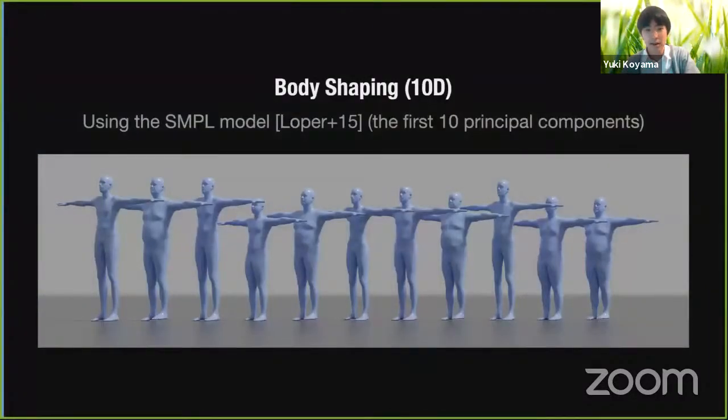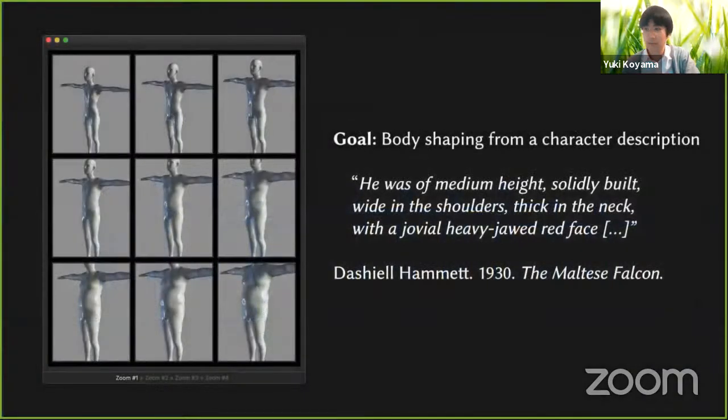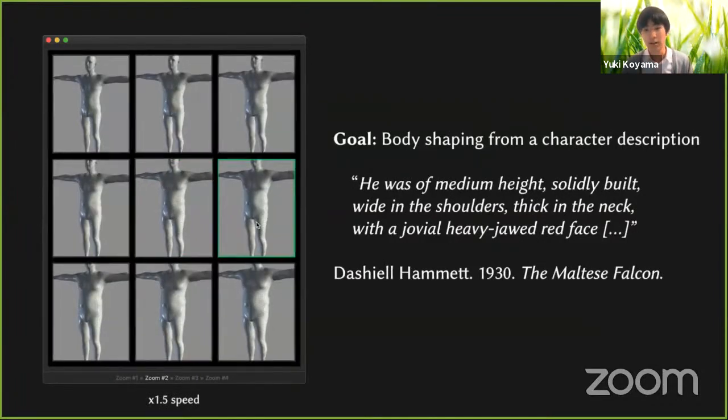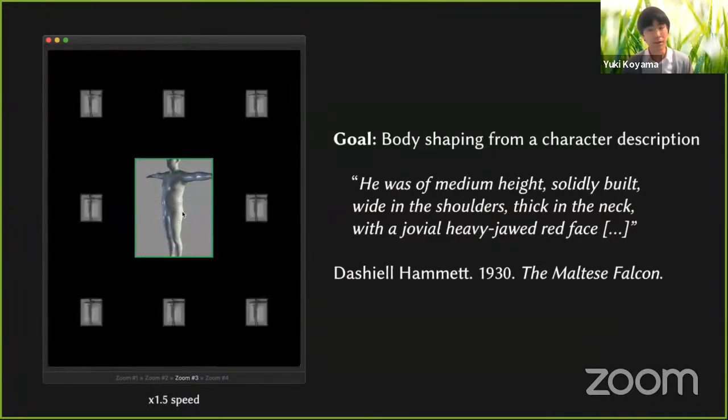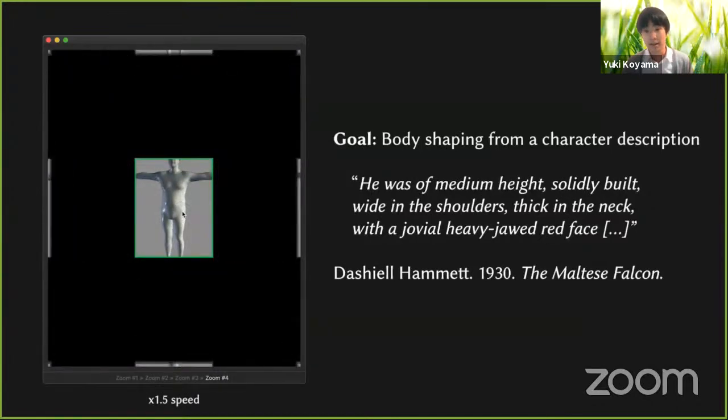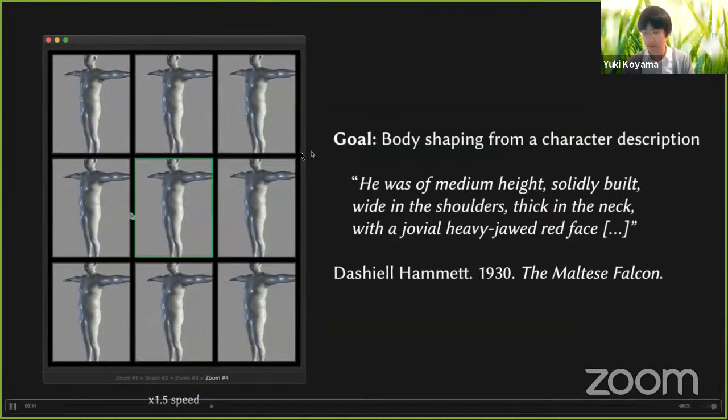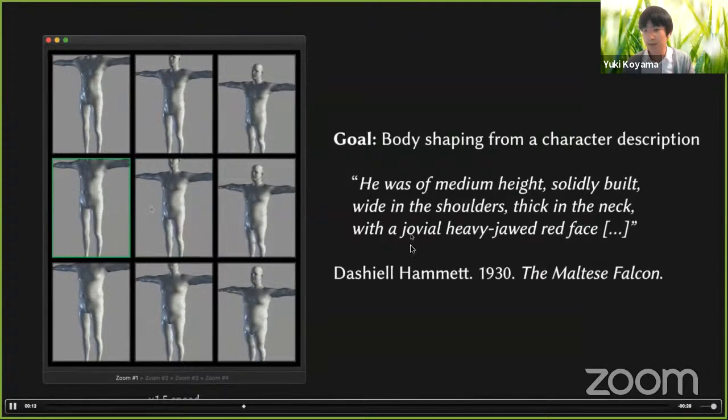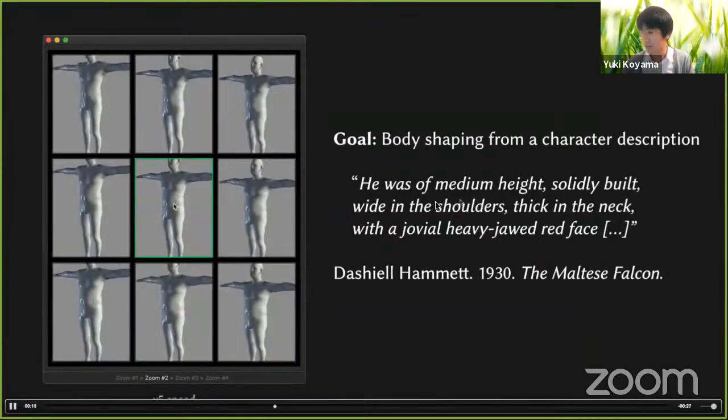Next, we show another application on 3D body shape modeling using a pre-trained model. Here, the user needs to find a 10-dimensional vector that generates a desired shape. Suppose that the user wants to create a character from a fictional novel, given this text description of a character.